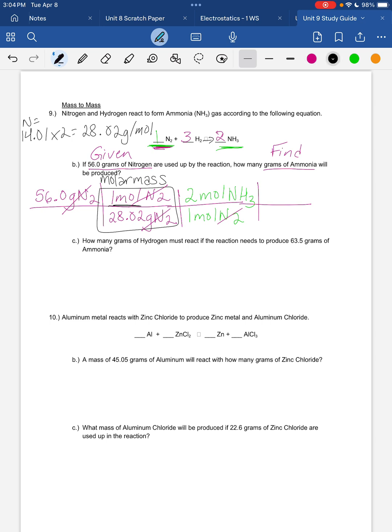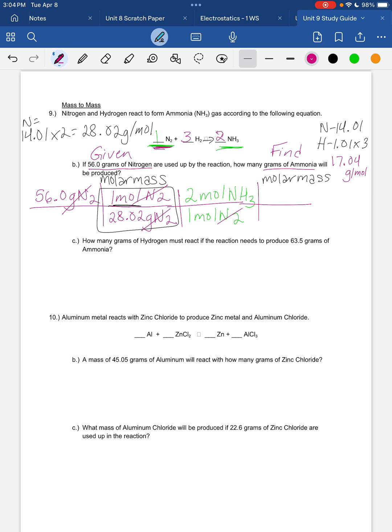And again, we're going to have to use our molar mass from our periodic table. Okay, so we have 1 nitrogen, which is 14.01, and we have 3 hydrogens, each having a mass of 1.01. So then our total molar mass here for ammonia is going to be 17.04 grams per mole.